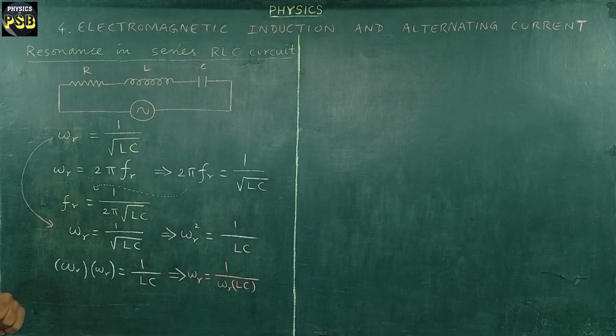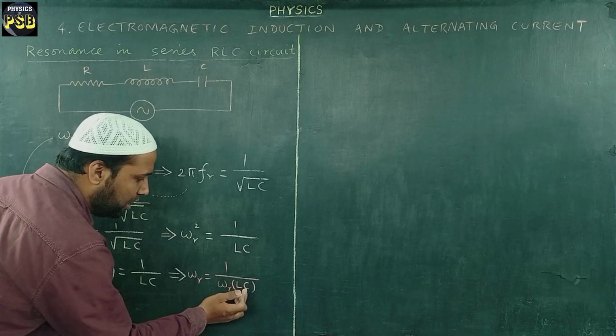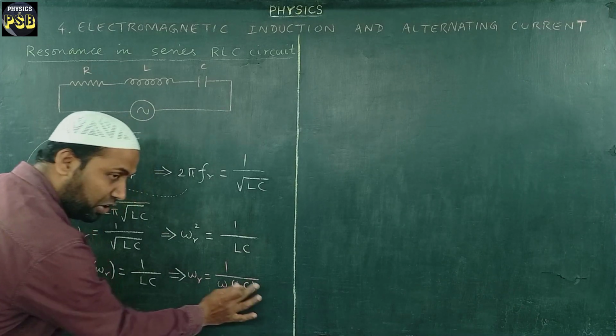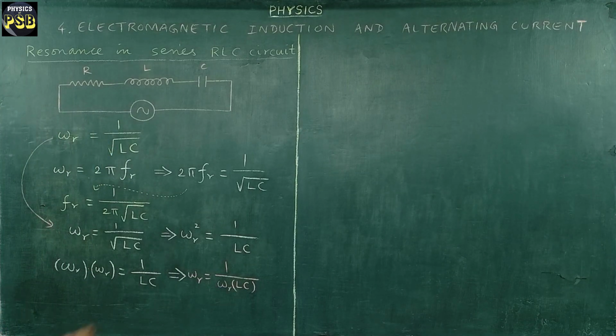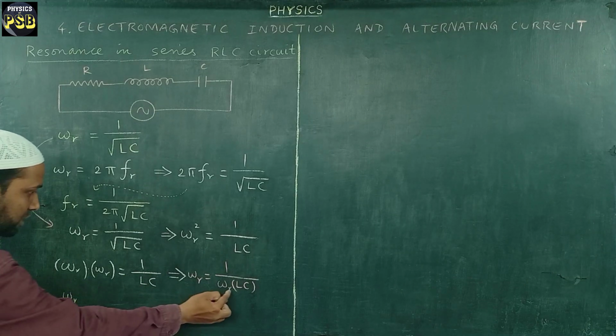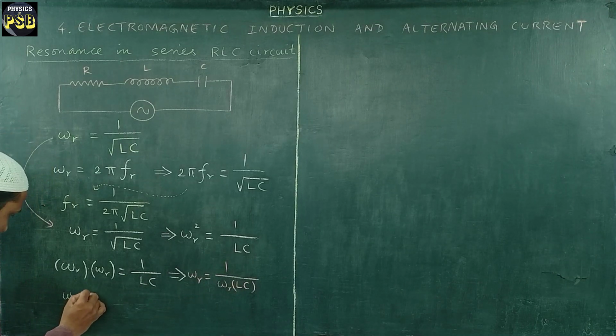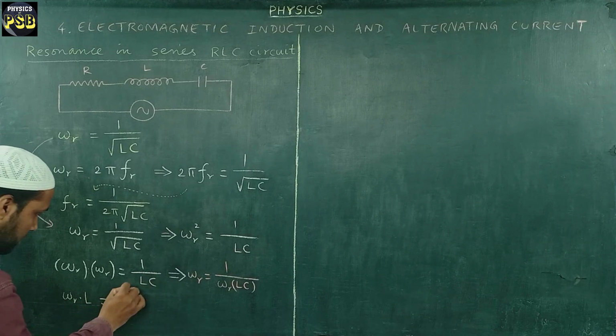Now, I'll make certain changes to this. I keep omega R multiplied with C here in the denominator, and L is taken to the left hand side. So, from this equation, omega R, when L is taken this side, it will multiply. Now, down what we'll have?